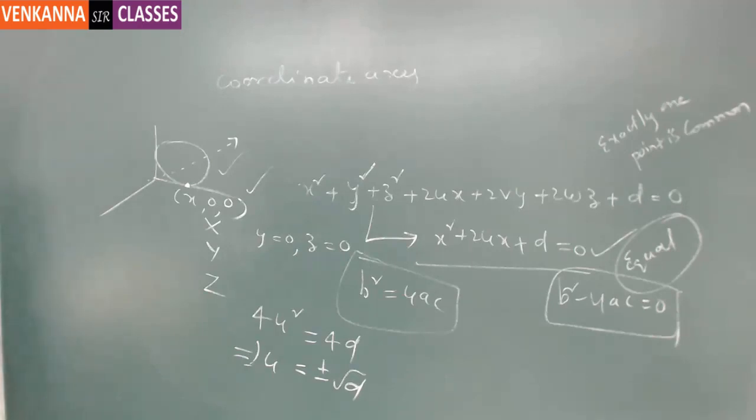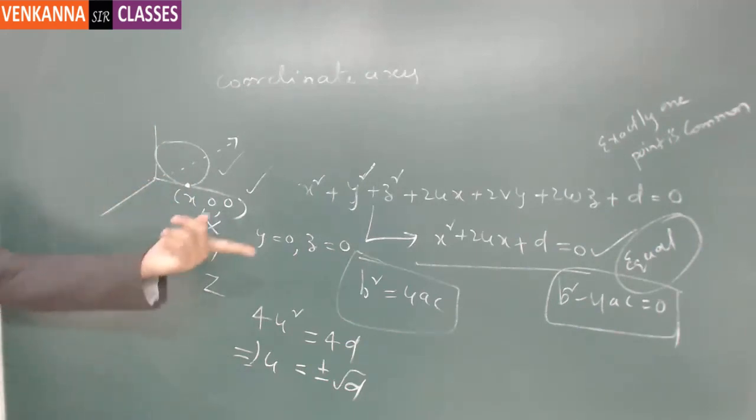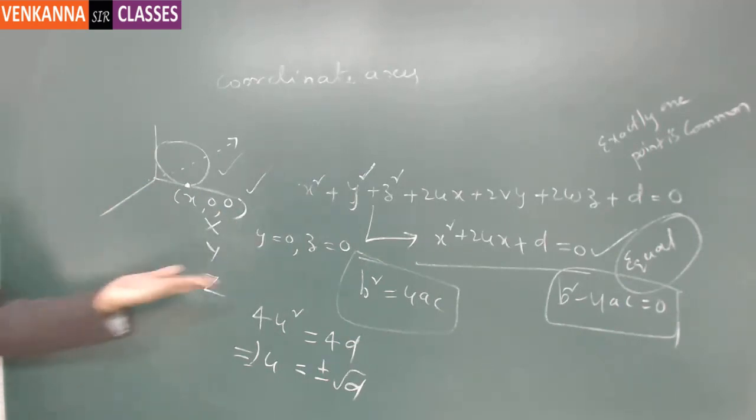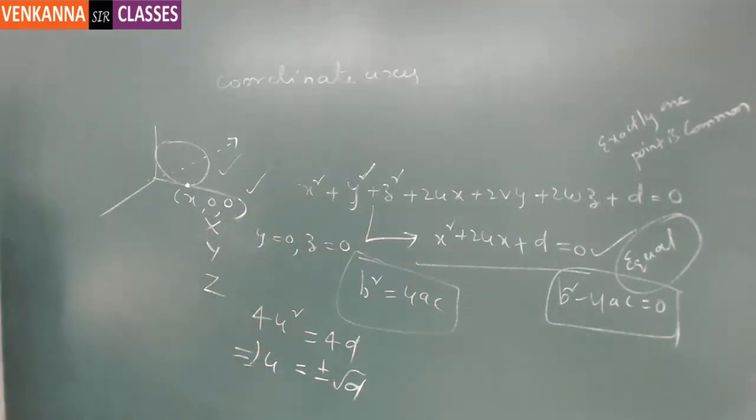Please check that. So you have a quadratic equation whose roots must be equal, because there is exactly 1 point common there. As we know, when the discriminant is equal to 0, the roots are real and equal. So b square is equal to 4ac, and from the equation you will get 4u square is equal to 4d, giving u equal to plus or minus root d.